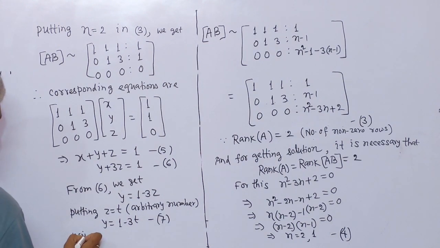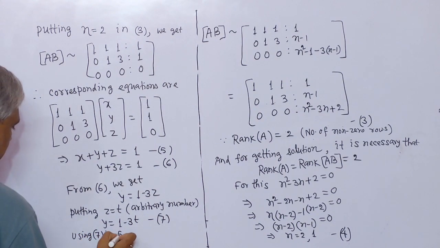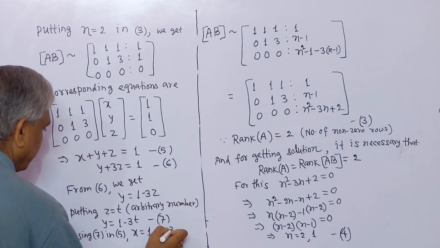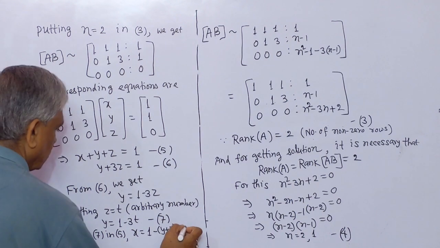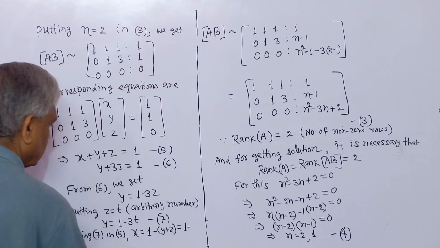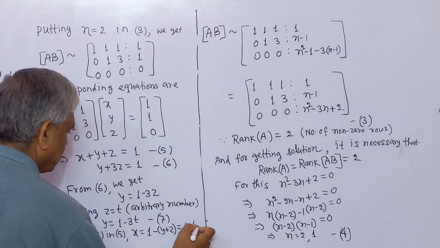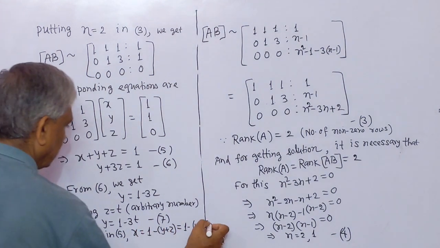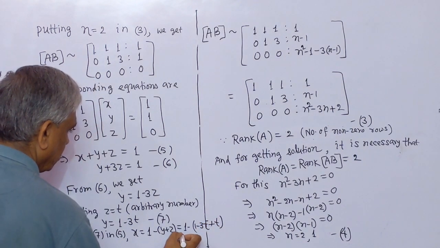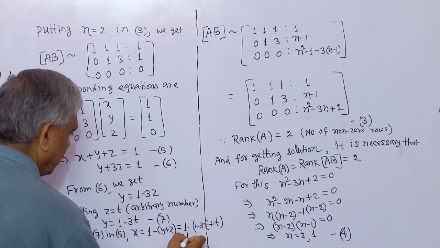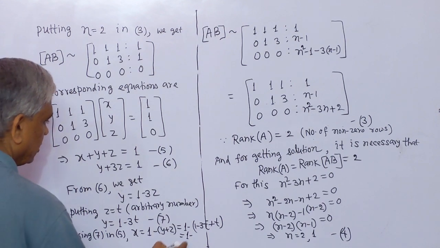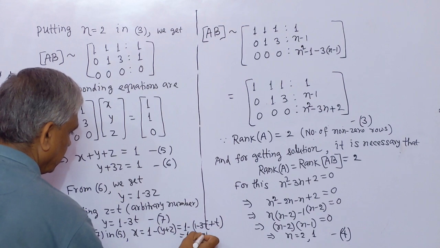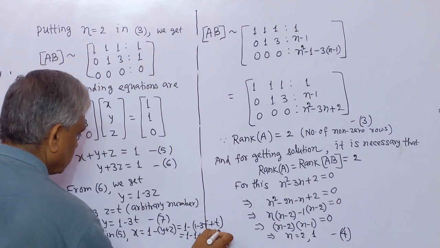Using 7 in 5, x equal to 1 minus y plus z. This is equal to 1 minus y, which is 1 minus 3t, and z is t. This is equal to 1 minus 1, 3t plus t, 2t.